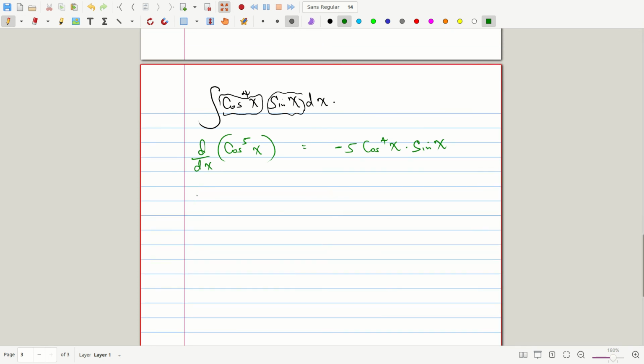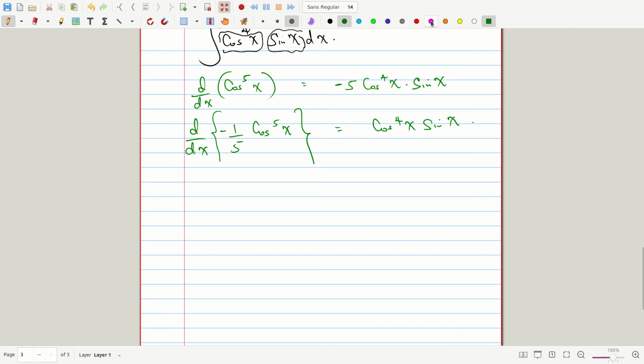And then we have that d/dx of negative 1 out of 5, if we divide through by negative 5, cos 5x equals cos to the 4 x sine x.